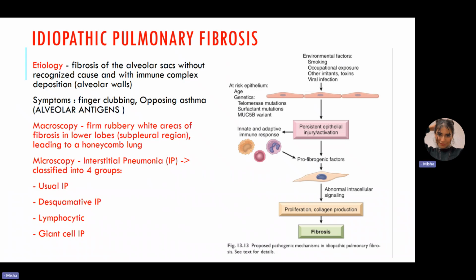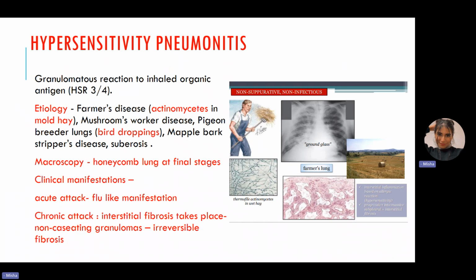Now, another disease that is very important that they want to hear is hypersensitivity pneumonitis. In this case, first of all, you need to remember that it is a granulomatous disease. Okay. Here we have a granulomatous reaction to inhaled organic antigens. So it can be a hypersensitivity reaction type 3 or type 4.